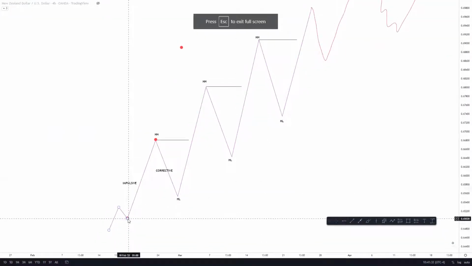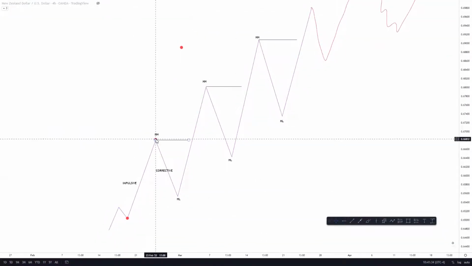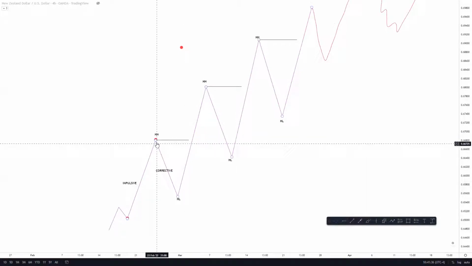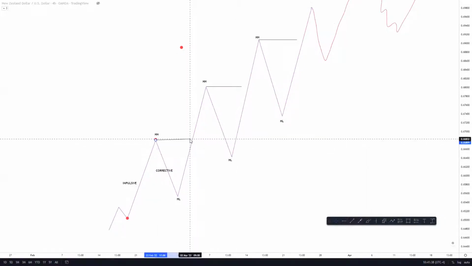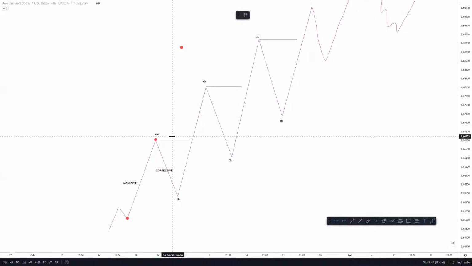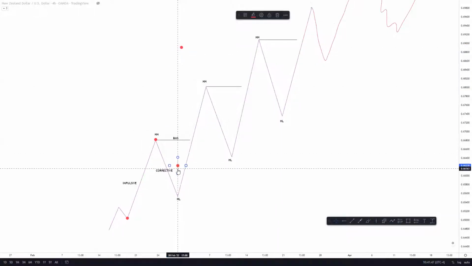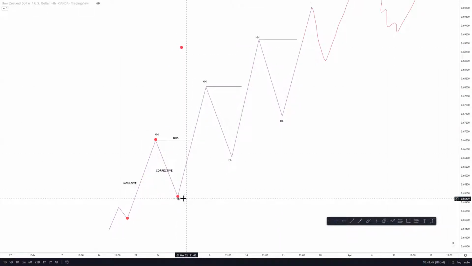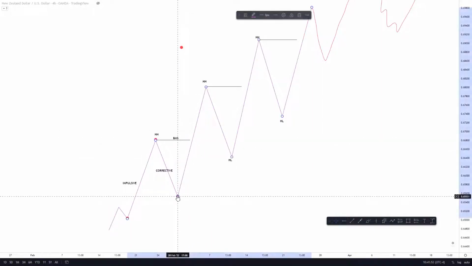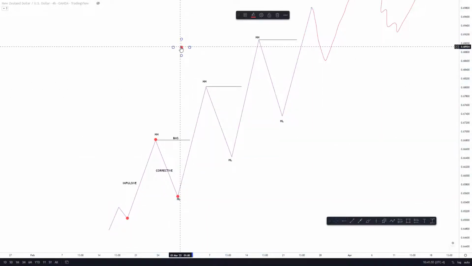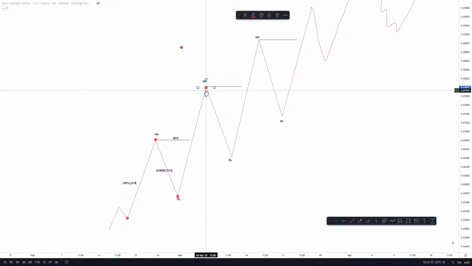From here to here we have a trading range, and after creating this trading range we have a break in market structure here. Okay, so here we have the higher low, and we have the break in market structure here, and we have this higher low form and this higher high form.